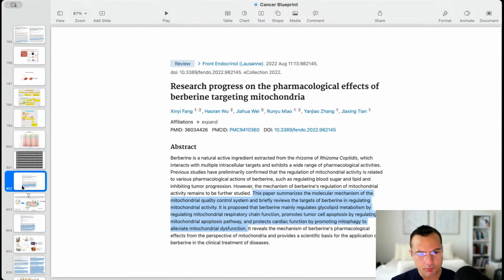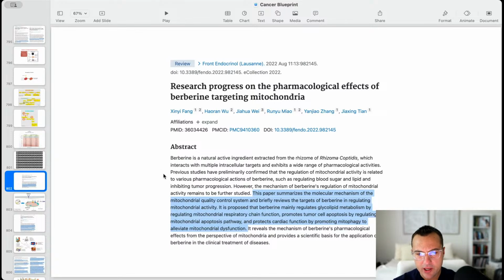Okay, moving on. So I want to hit berberine first. Berberine is one of the compounds that lay people classically know about as something they can use to lower blood glucose. This paper is titled Research Progress on the Pharmacological Effects of Berberine Targeting Mitochondria, and it was published in 2022.